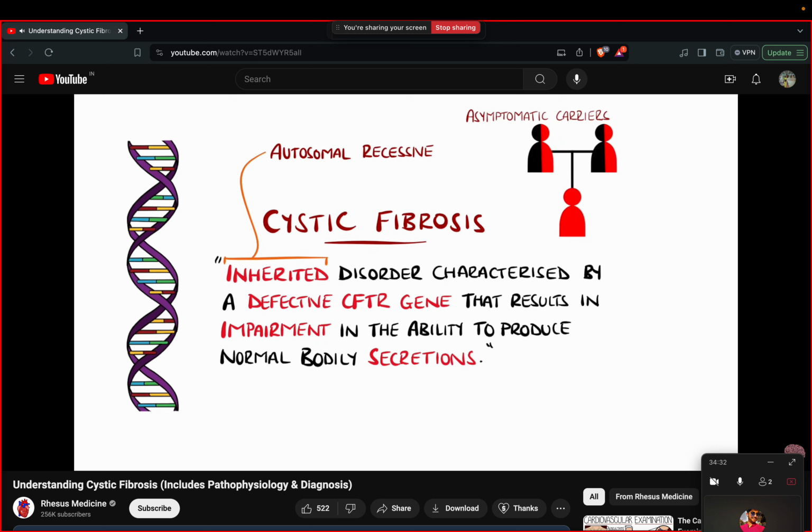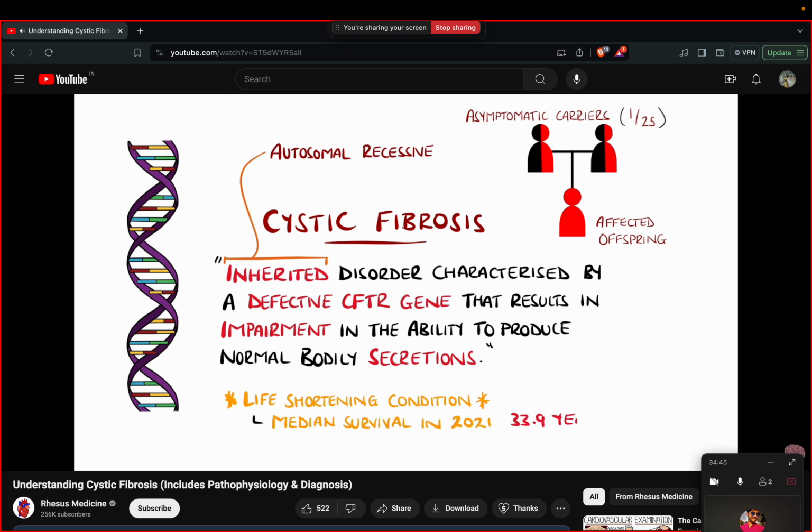It's estimated that around 1 in 25 Caucasian people are such carriers. The condition is life-shortening, with median survival age in the US in 2021 being 33.9 years, and projections for those born between 2018 and 2022 to be 56 years.